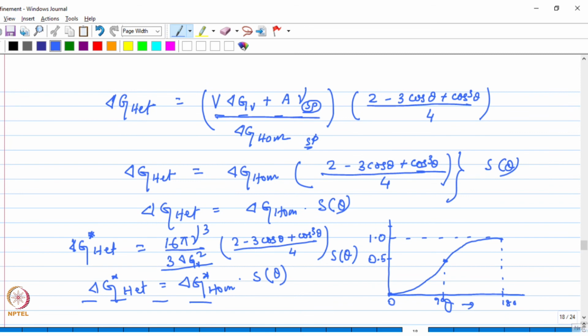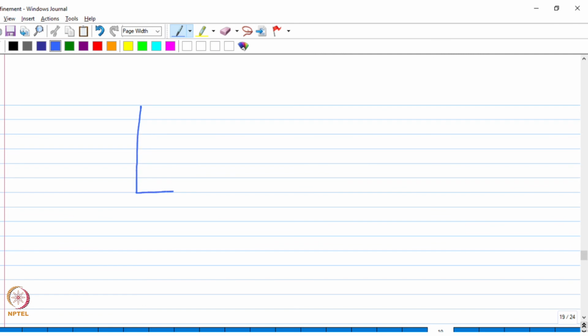So now if you plot this delta G star heterogeneous by the delta G star homogeneous, as a function of theta, you would see that delta G heterogeneous is much smaller when theta is small, and then it goes to a value of 0.5 when theta is 90 degree, right?